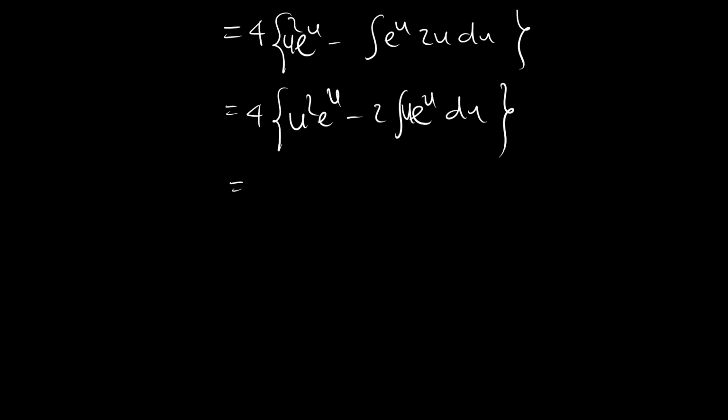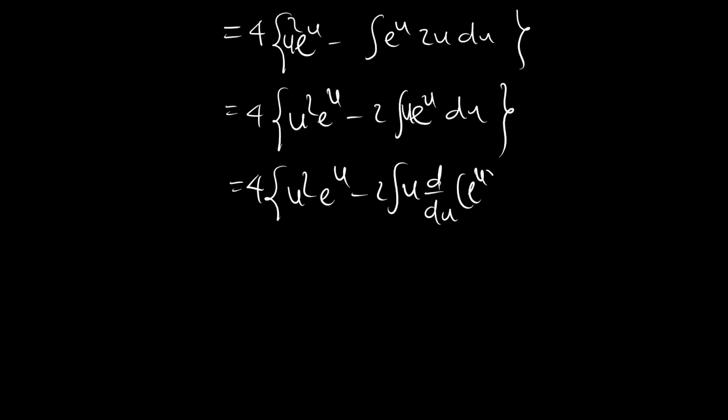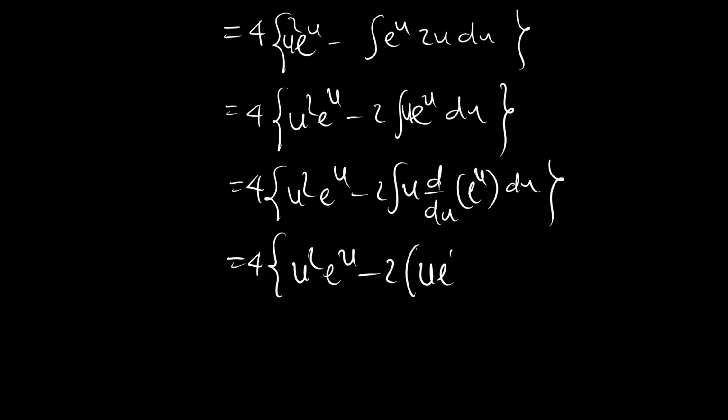We can use the same technique where e to the u is the derivative of e to the u, and so using integration by parts, we have u squared e to the u minus 2 u e to the u minus e to the u, since the derivative of u with respect to u is 1.